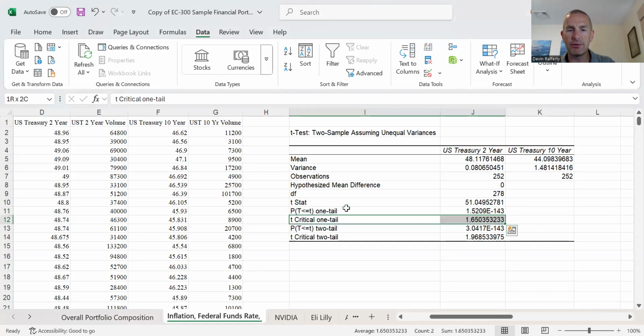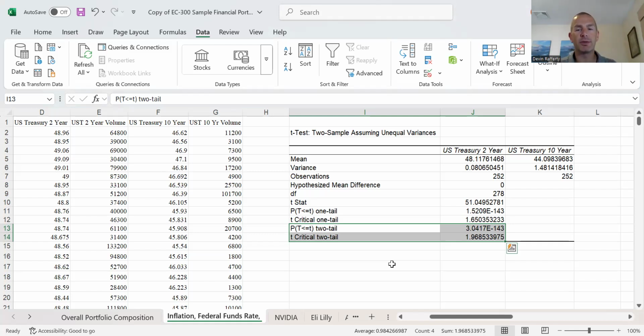This is the critical value for a one-tailed test. If you had a one-tailed test, you would have to worry about those, but we don't, so we don't have to worry about those at the moment. We don't have one-tailed tests, we have a two-tailed test, right? So for the two-tailed test, our critical value, right? Critical value two-tail, that's 1.96. It's negative 1.96, positive 1.96.